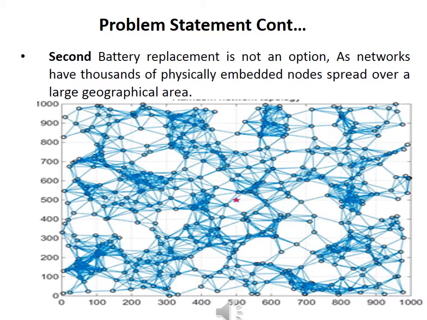The second problem is that replacement of the battery is not possible. Look at the picture on the slide. Thousands of sensor nodes are deployed over a large geographical area. So even identifying where a sensor node is deployed is not possible in the wireless sensor network environment.